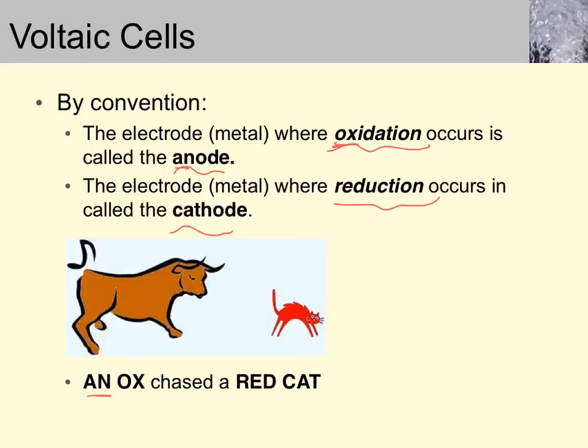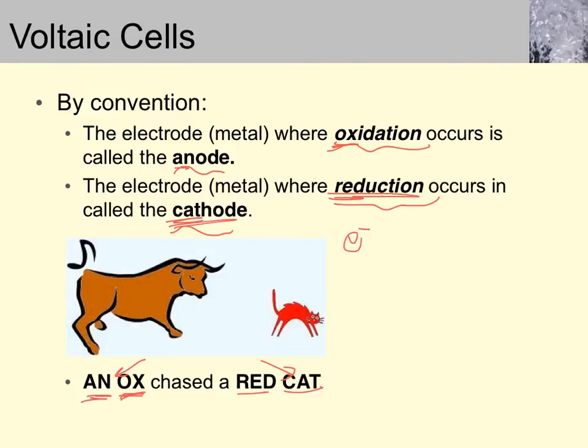An ox: anode, oxidation; a red cat: reduction, cathode. An ox and a red cat. So that helps you hopefully remember that oxidation always happens at the anode, reduction always happens at the cathode.